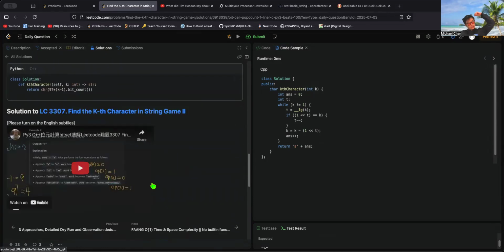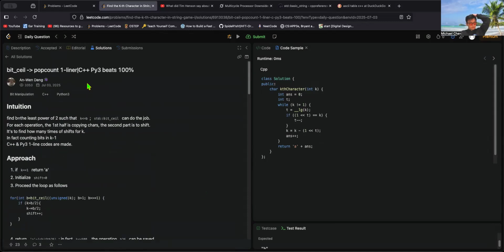Yeah, I'll never think of a shift solution. That's crazy.